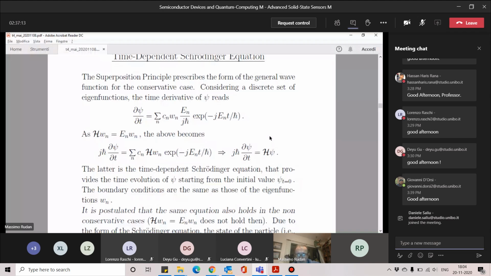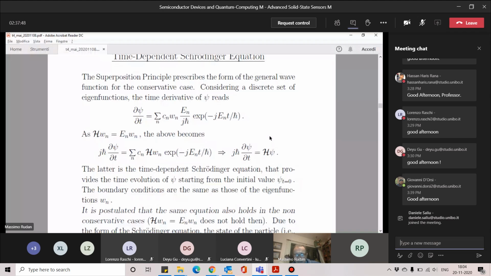The outcome is we can separate time from space if the situation is conservative, because if the force field that acts on the particle is conservative, then the potential energy that appears in the Hamiltonian depends only on the coordinates, and there is no time in the Hamiltonian, okay?